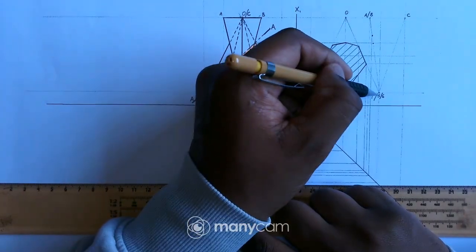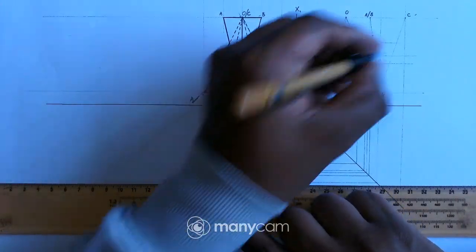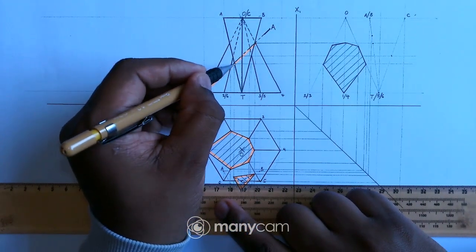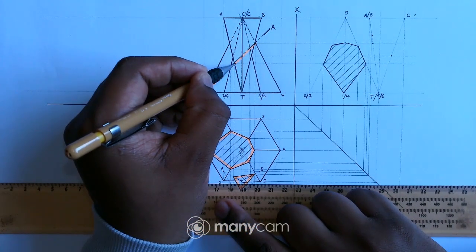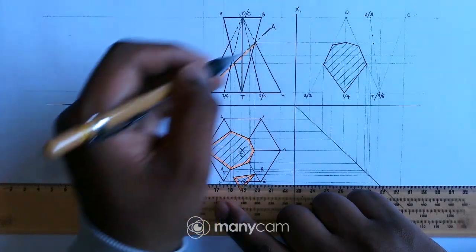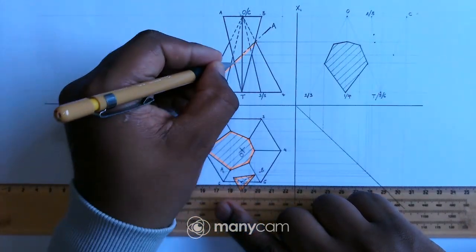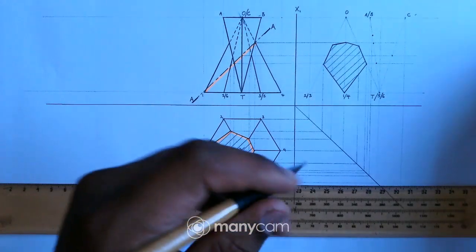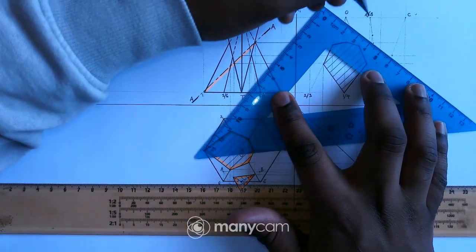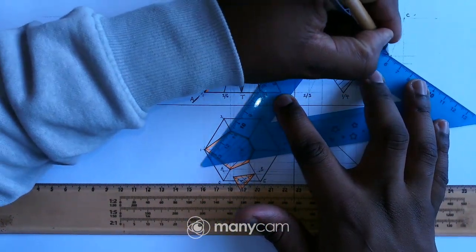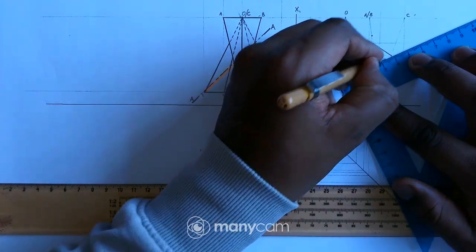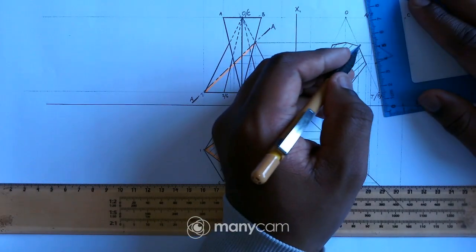So TC is there, so that means we have a point there, and the next one is TA. So TA is there, so we have a point there. So obviously I connect these points. So just connect the points there. This is our cut surface for the solid.